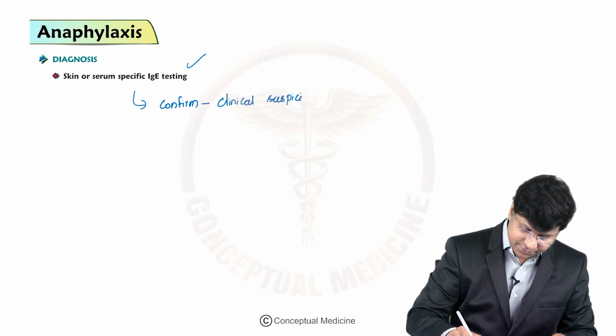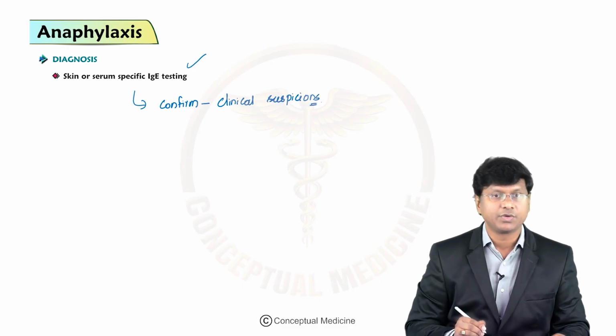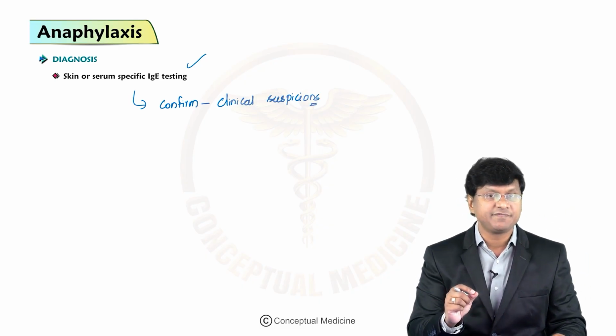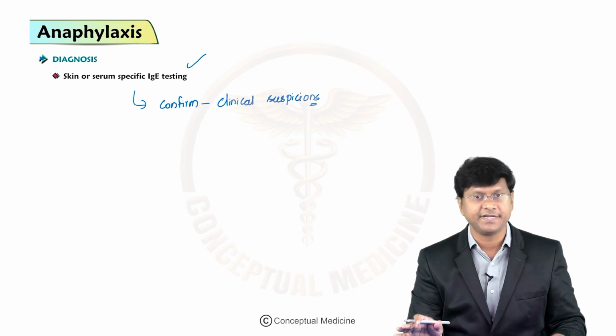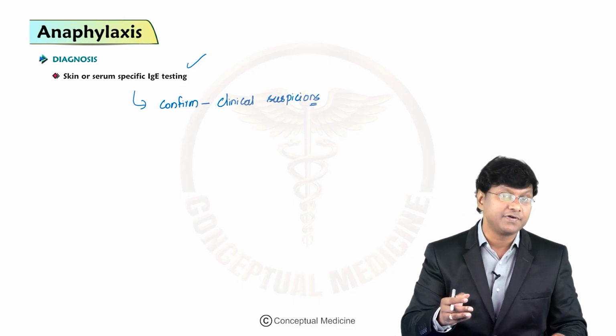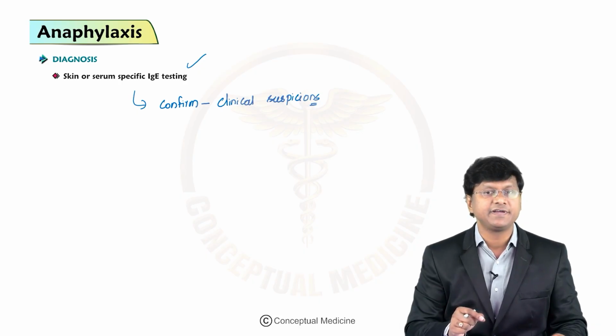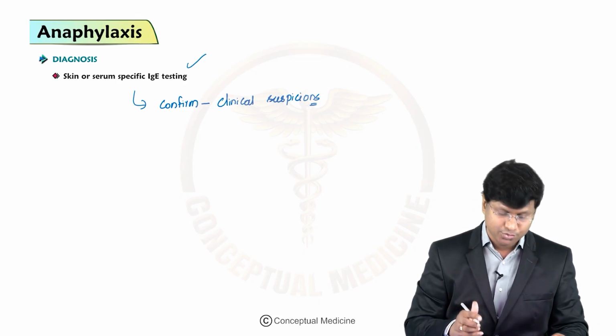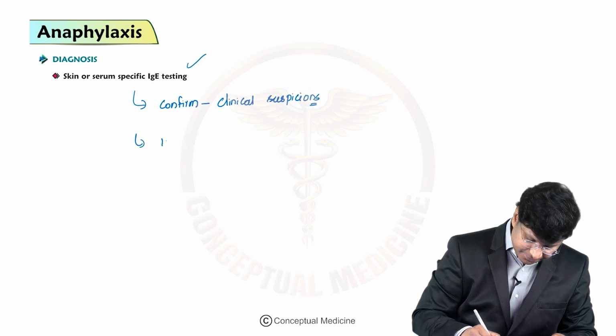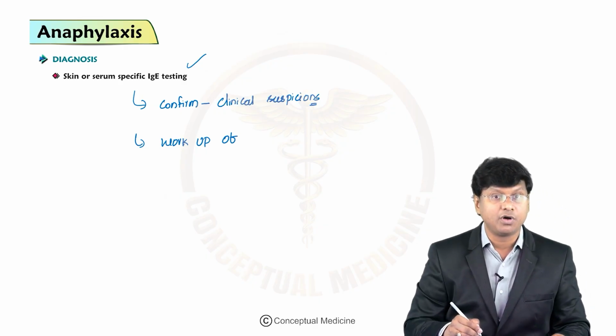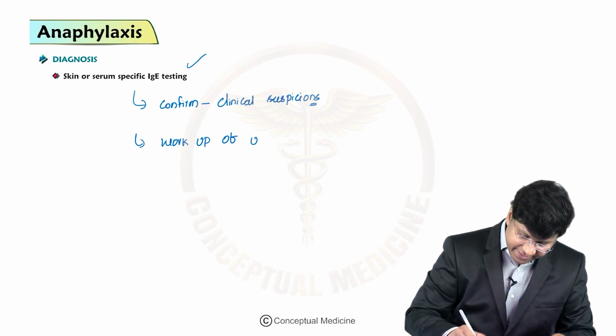Next, if a specific trigger cannot be identified, a workup of underlying atopic diathesis may be useful to identify the risk factor. So you need to do a workup of underlying atopic diathesis.